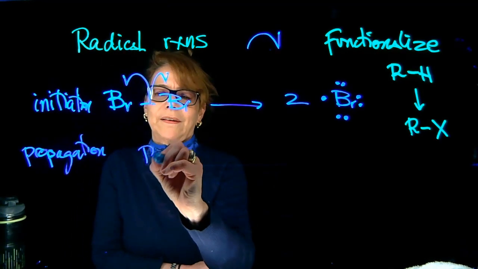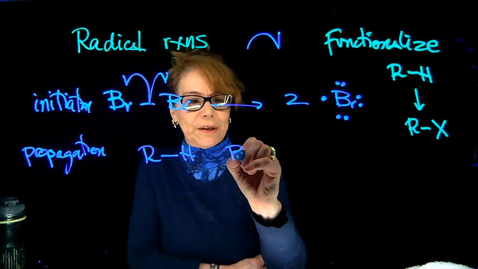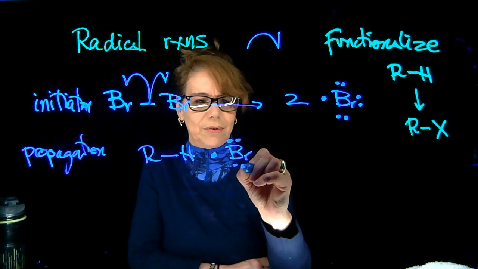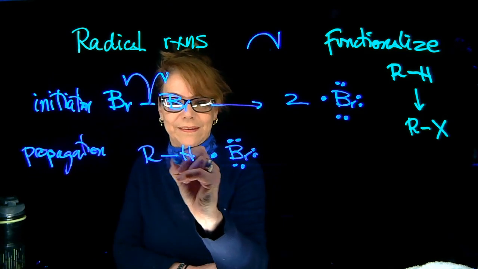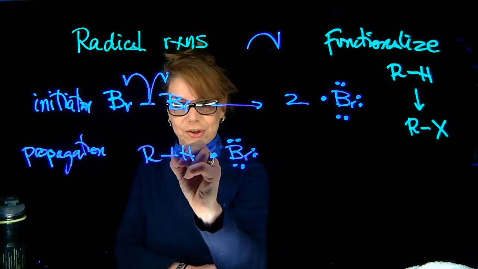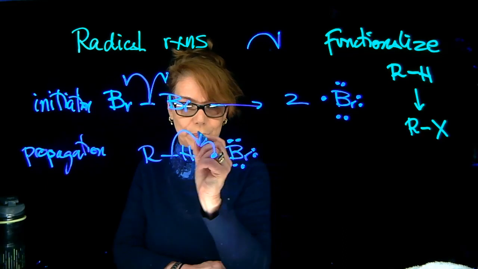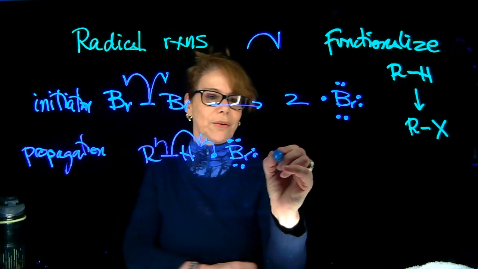Say here that I have an alkane, and in that propagation step, it's going to react with that radical. And now here you're going to have the electron movement. This time it's homolytic cleavage, so one electron in, one electron from the bromine is going to create HBr, and you're going to form another radical.